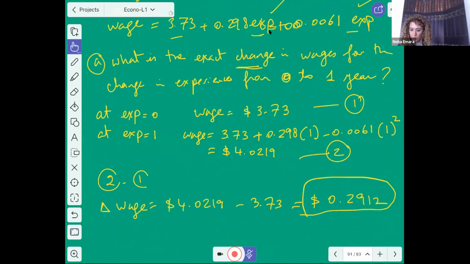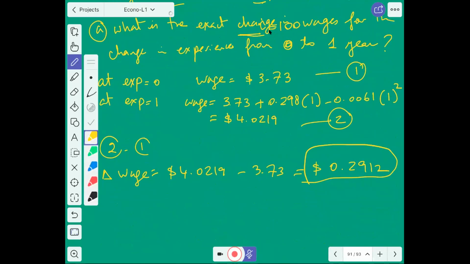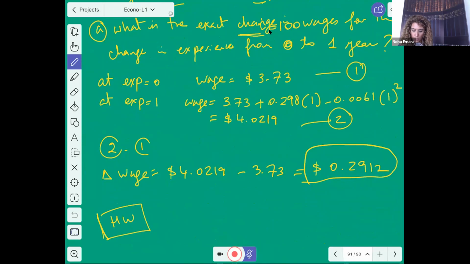Your homework, and I'm going to ask you this next week: I want you to redo the above for the increase in experience from 2 to 3 years, and from 0 to 7 years.